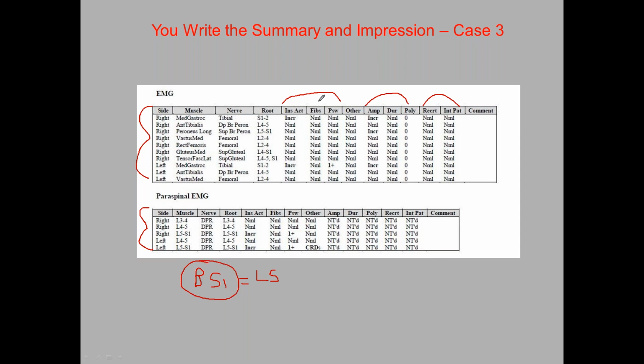Now, let's break down bilateral S1 into what does it say? Is it active, which equals acute and ongoing? Or is it chronic?